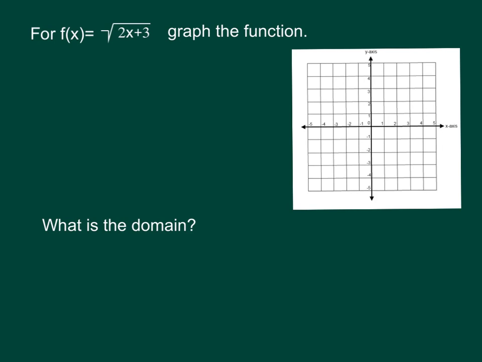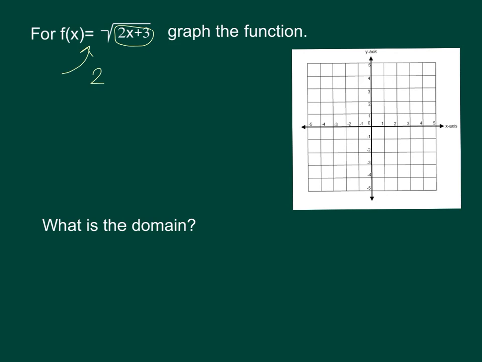So let's take a look. If I wanted to find the domain from a graph or the domain from a function like we have up here, we would read this f of x equals the square root of 2x plus 3. And what we know is that this radicand doesn't make any sense if it's negative.